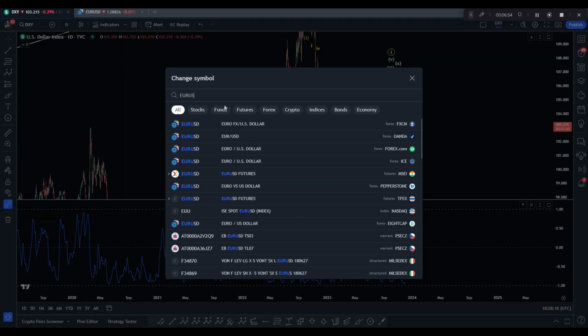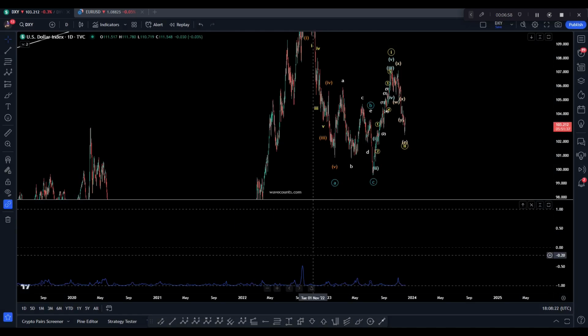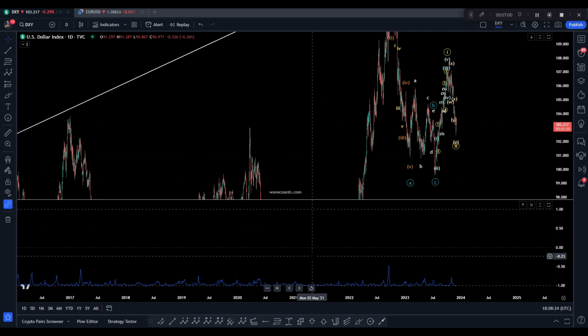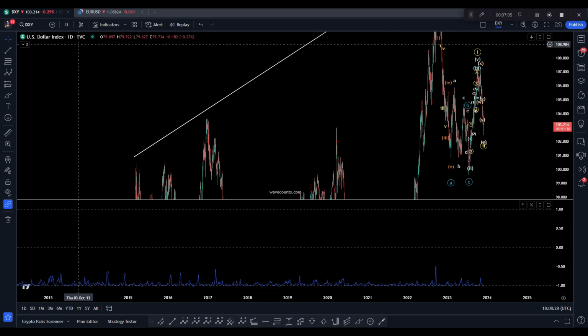Let's look at the euro and dollar pair. Now this is what you would expect to see from a negative correlation. You can see the entire history. I can go to the weekly chart.